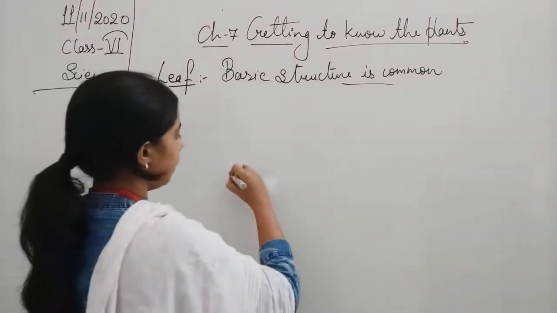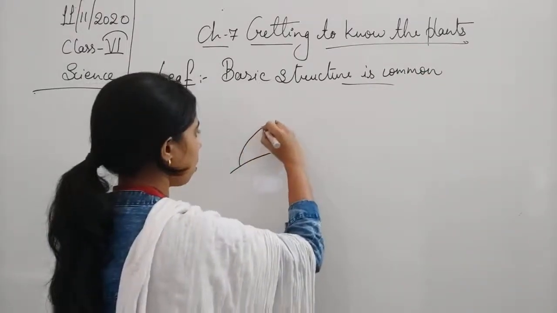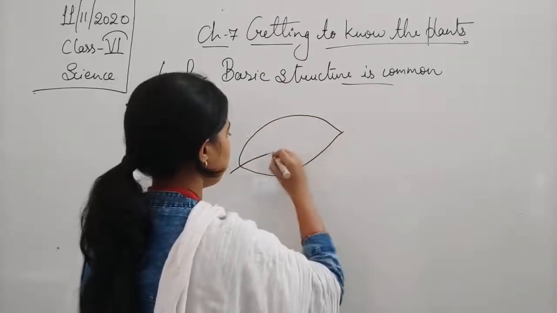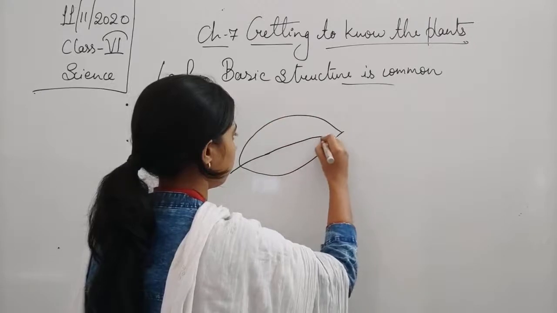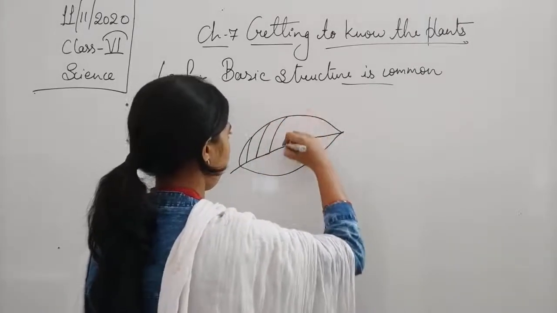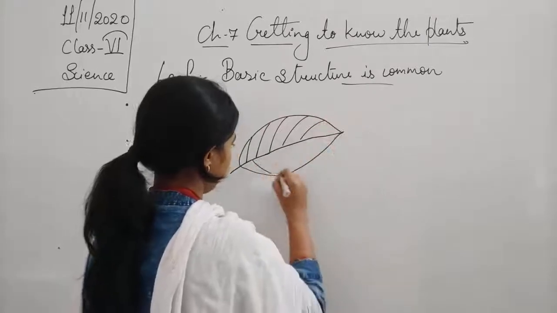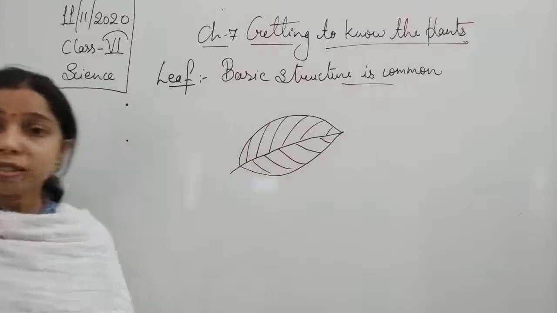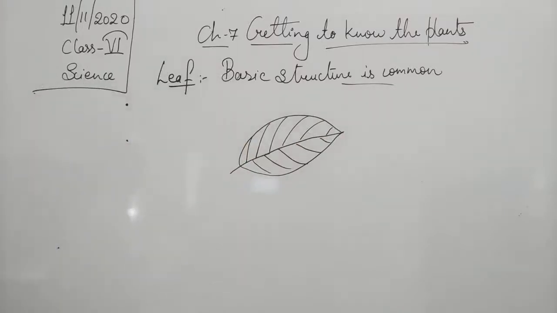So if we see the leaves, this is the structure of a leaf.